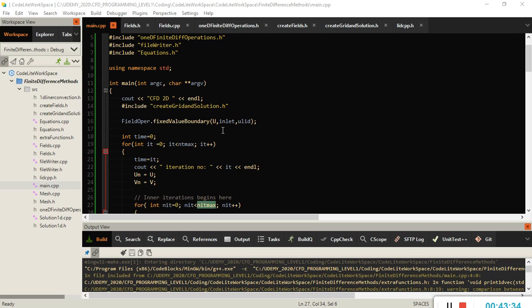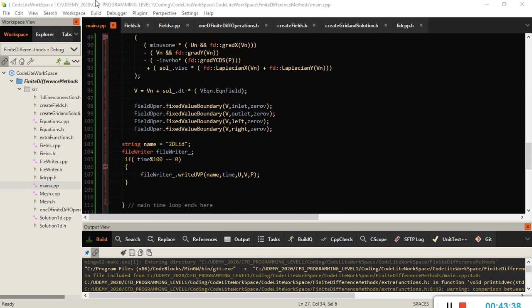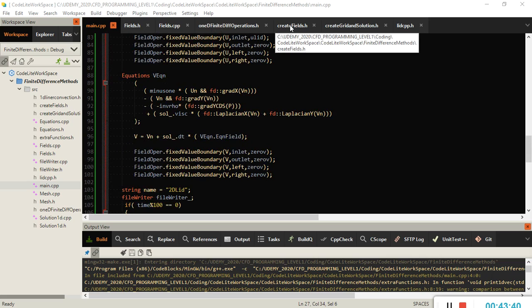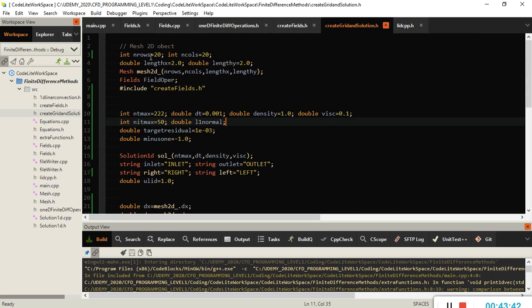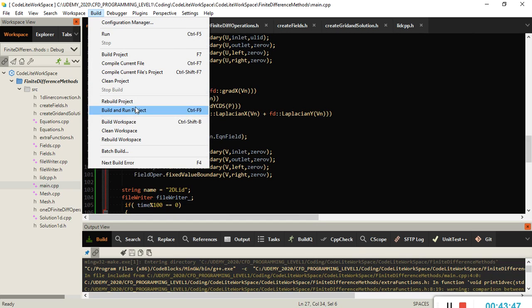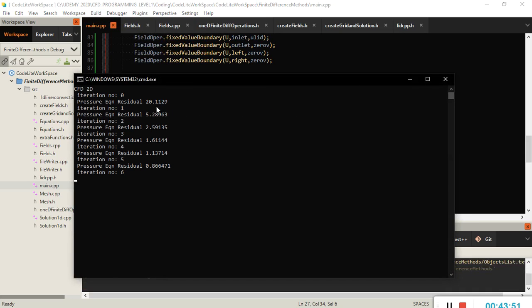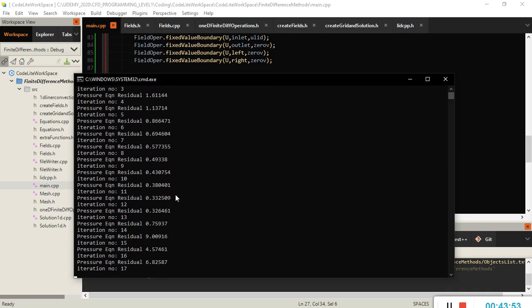Now it's time for us to check if everything is okay. Let's run it. Just to double check how many elements there are: 20 and 20, so 400. Build and run, and it starts with residual 20 and it's increasing and going the other way around.